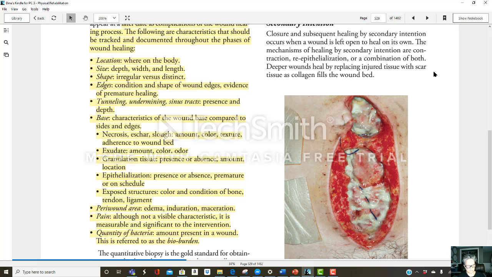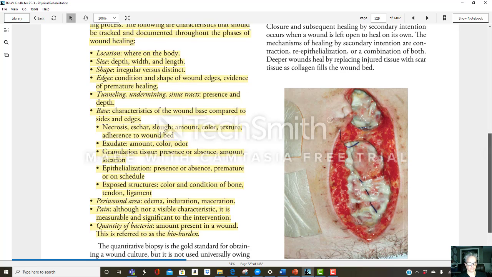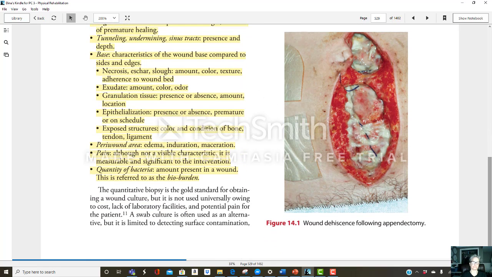Although not a physical characteristic, it is measurable and significant to the intervention: quantity of bacteria, the amount present in a wound. This is referred to as the bioburden. The quantitative biopsy is the gold standard for obtaining a wound culture, but it is not used universally owing to cost, lack of laboratory facilities, and potential pain for the patient.